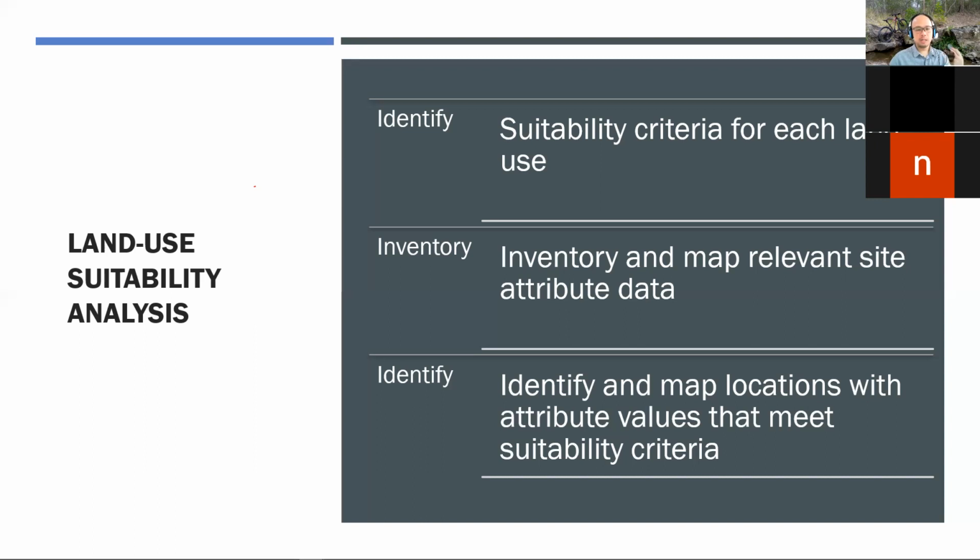Land use suitability involves three steps: identify, inventory, and identify too. So identify the suitability criteria for each land use. I know you're thinking, land use, we're going to build a theme park.